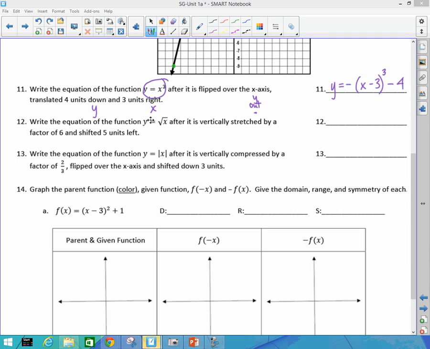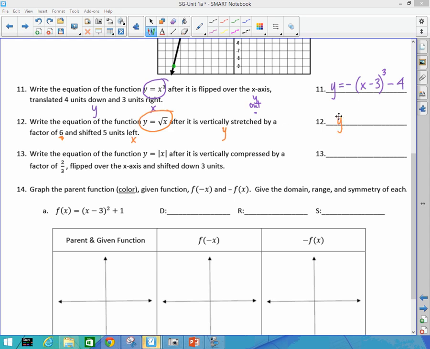Let's look at y equals the square root of x. Has a vertical stretch factor of 6. So vertical stretch, that means it's applying to the y. So I hope you remember that that is going to be outside, okay? And then 5 units to the left refers to my x.